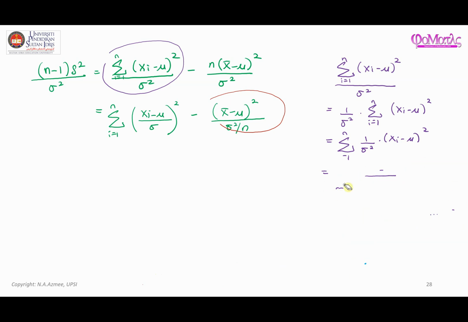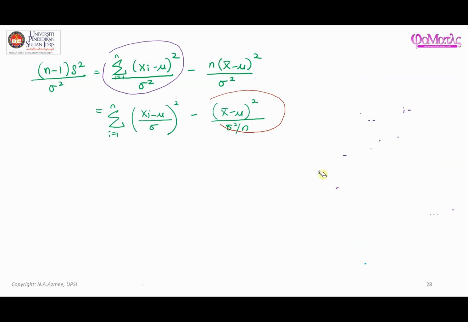Based on what I have shown you just now and my explanation, we recognize that this one here I'm going to call A, and this one B. Here A is a combination of standard normal random variables being squared.